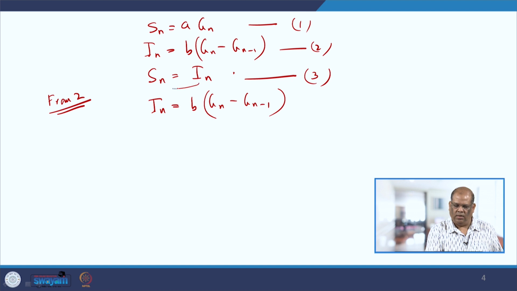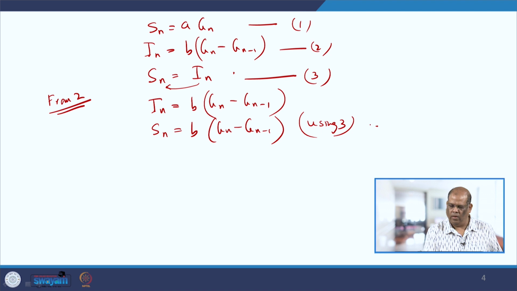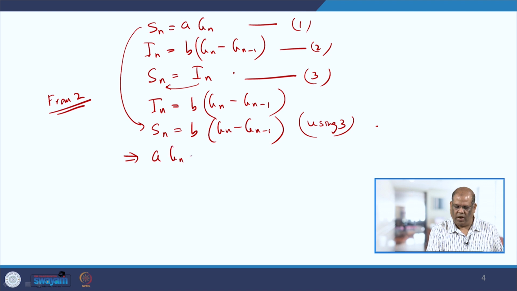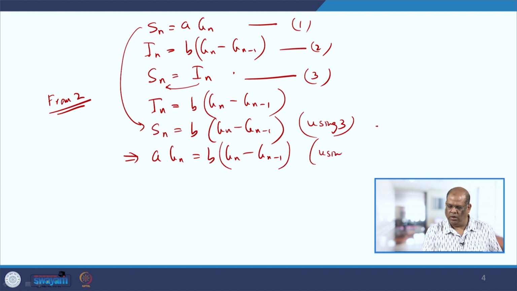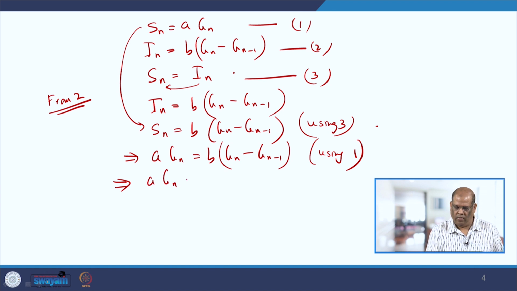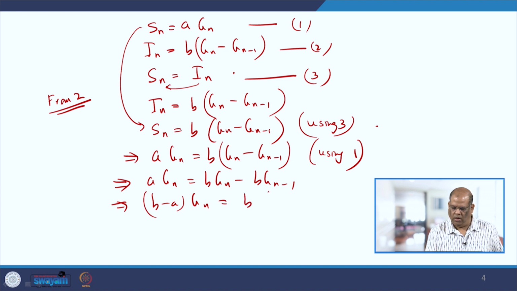Now, since In is equal to Sn, this is replaced by Sn using 3, and we have Sn equal to A times Gn, using 1. So, A times Gn equal to B times Gn minus Gn minus 1. You solve for Gn, and this gives B minus A times Gn is equal to B Gn minus 1, or Gn equal to B by B minus A times Gn minus 1.